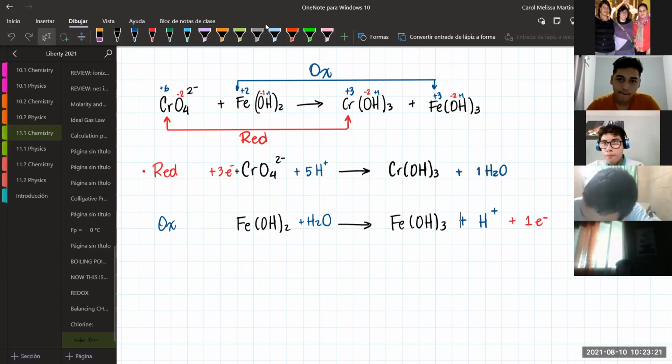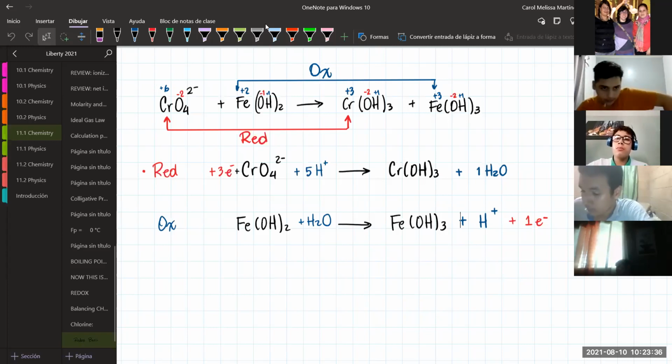Now, in order for everything to be balanced in the end, you have to cross multiply. Okay? You have to cross multiply because the number of electrons, remember, they must be balanced. So by what number do you have to multiply the second reaction to eliminate the number of electrons? 3.